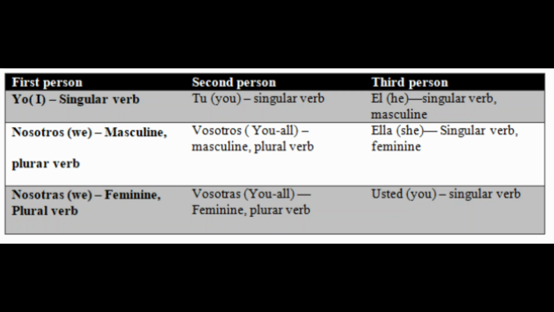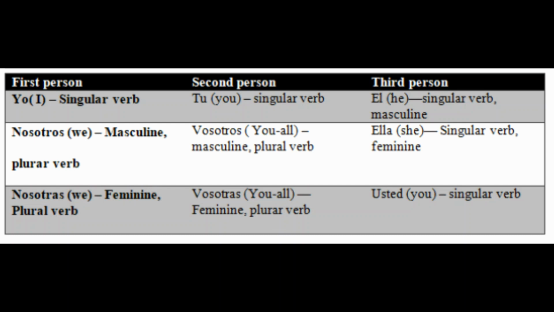In sentences using second person, tú is an informal singular pronoun meaning you, whereas vosotros refers to you all, and the feminine version of it is vosotras, both being plural. It is important to note that the pronoun vosotros, vosotras is only used in Spain. Other Spanish-speaking countries prefer usted or ustedes.